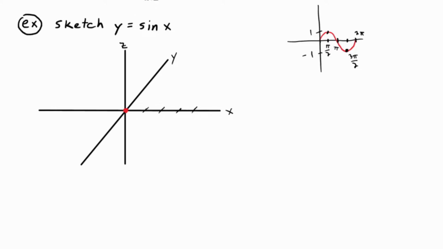I know it's going to reach its maximum value at this hash mark, which corresponds to this hash mark. The maximum value, of course, is 1, so that's 1 on the y-axis, and this is negative 1 on the y-axis. So let me plot a few points here.